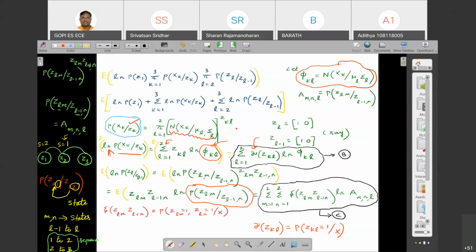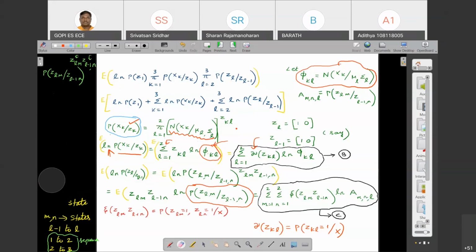It is a product. And you know that this value either takes 1 or 0, and this value either takes 1 or 0, right? So any one of these 0, it is like power 0, it is going to be 1. This will have some value other than 1 only when both are 1.